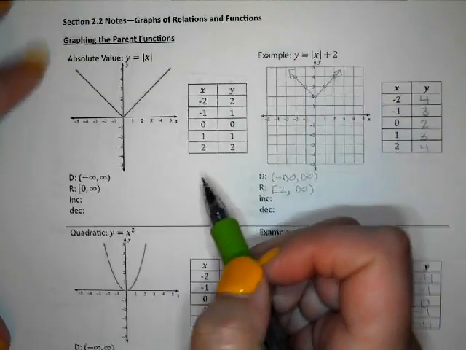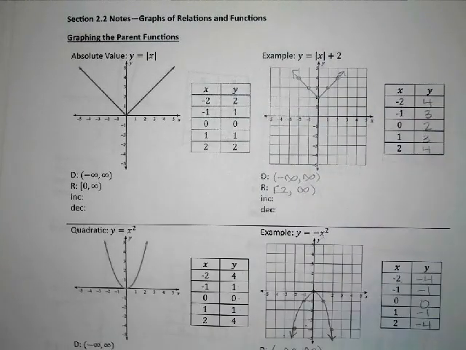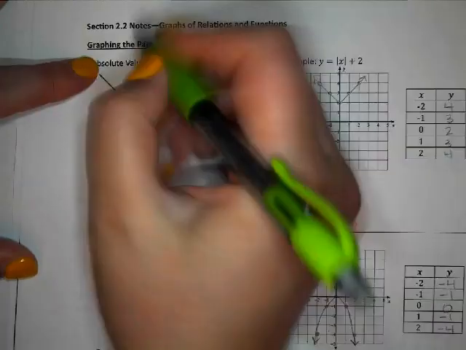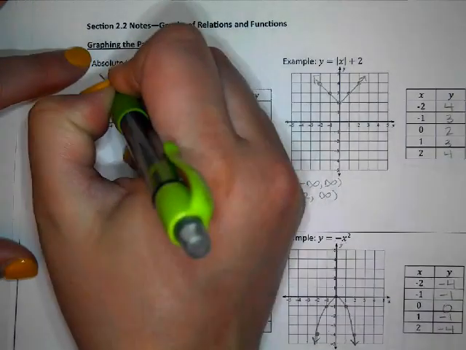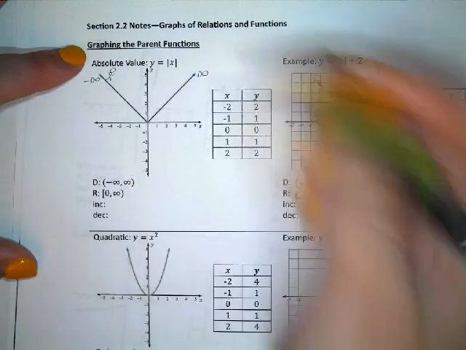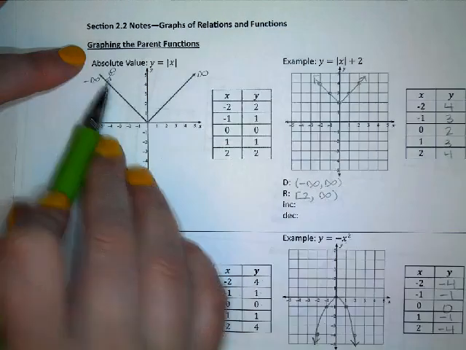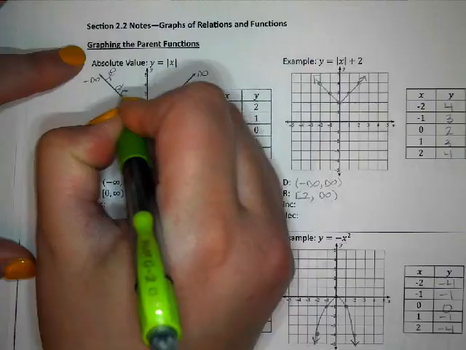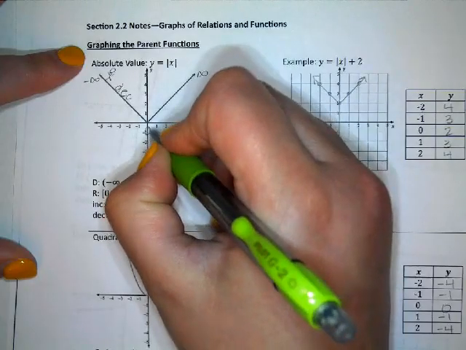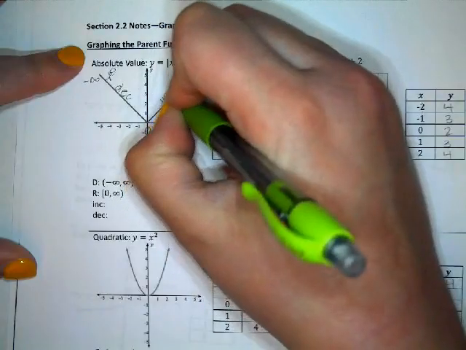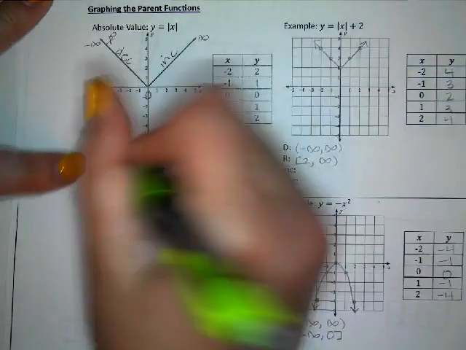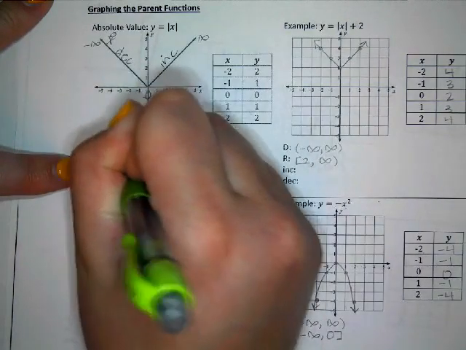So here, -infinity, +infinity, my stick figure is walking downhill and reaching an x coordinate of 0 and then walking uphill. So the increasing interval would be 0 to infinity. The decreasing interval would be -infinity to 0.